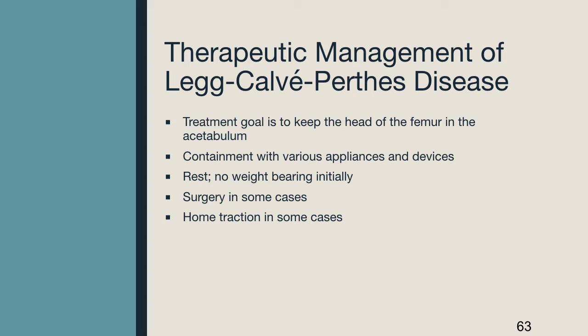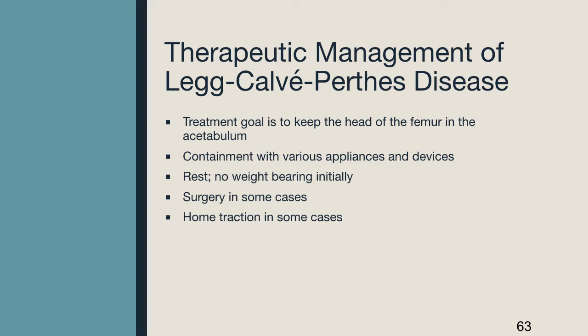Or there's actually a brace that they wear where there's a bar in between the legs that keeps the legs apart. And so basically the treatment is rest with no weight bearing initially. In some cases they may do surgery.